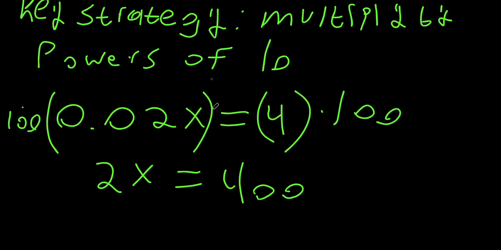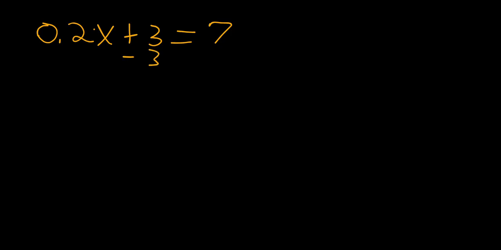Now I'm going to scroll down, and I'm going to give you another example here. That example is going to be when we have, say, 0.2x plus a whole number, so plus 3 equals 7. Well, we can approach this two ways. Let's go ahead and multiply by what power of 10 to clear the decimal 0.2?